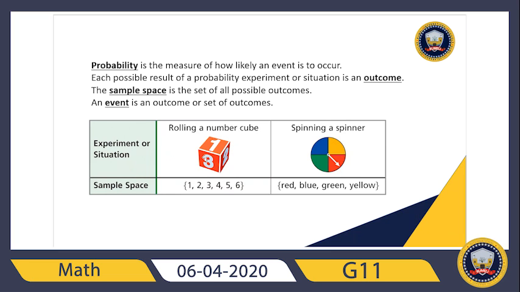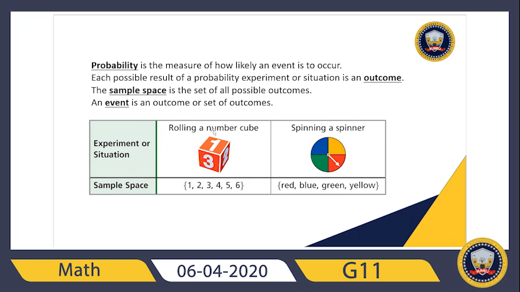The event in this case is getting one of these faces, so we call this an event. The probability, for example, of getting 3 out of all these outcomes, or out of this sample space, we call the probability of one of these events. The experiment or the trial in this case is rolling a number cube, or rolling this die.